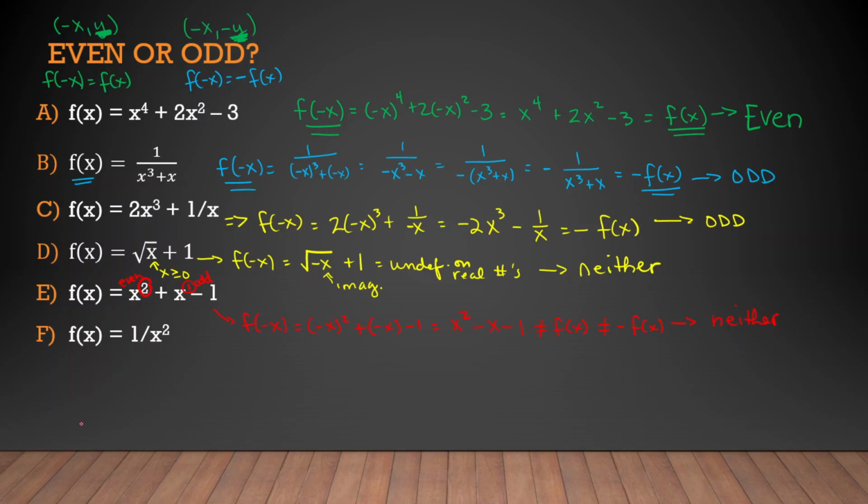Okay, let's look at this last one. So let's take f of negative x. So that's 1 over negative x squared. So that's 1 over x squared, which is exactly what I started with. So this one is even. Okay, so it just takes a little practice.